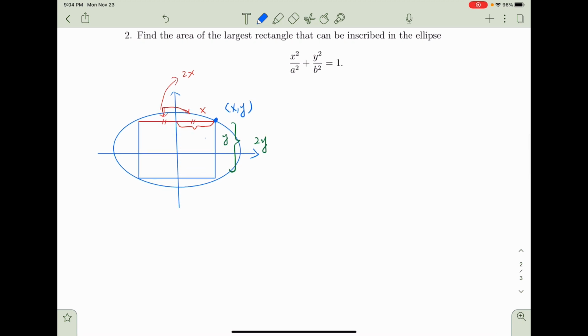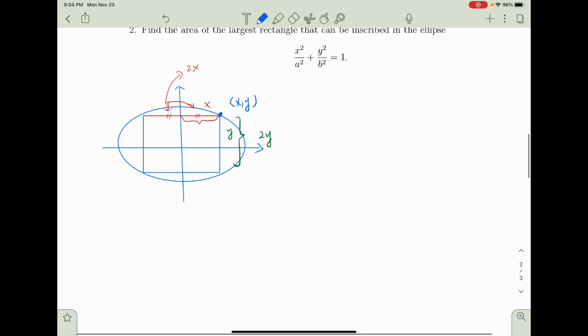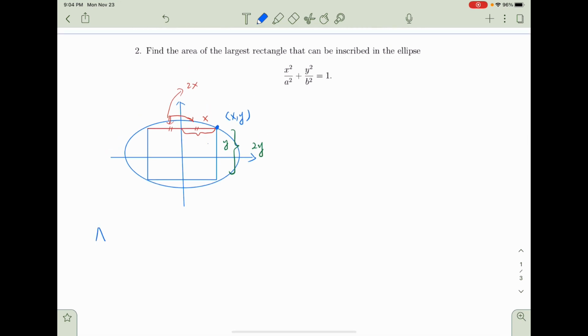We know that the area of the rectangle is the length of the side times the height, right? So that is A equal to 2x times 2y, which is equal to 4xy. Right?